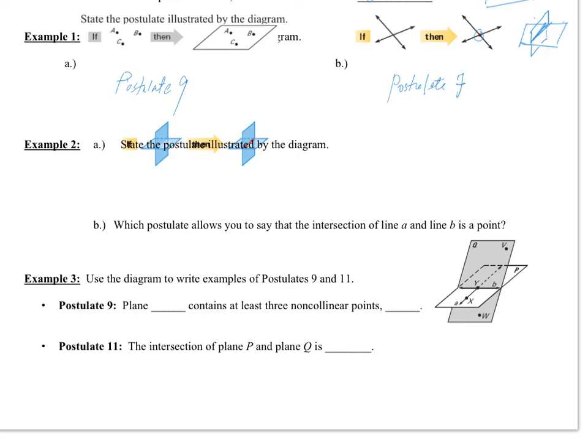Okay, and this next one here, state the postulate illustrated by the diagram. This will have to be postulate number 11 because you do have 2 planes intersecting in a line. Part B, which postulate allows you to say that the intersection of line A and line B is a point? So that would have to be postulate number 7.